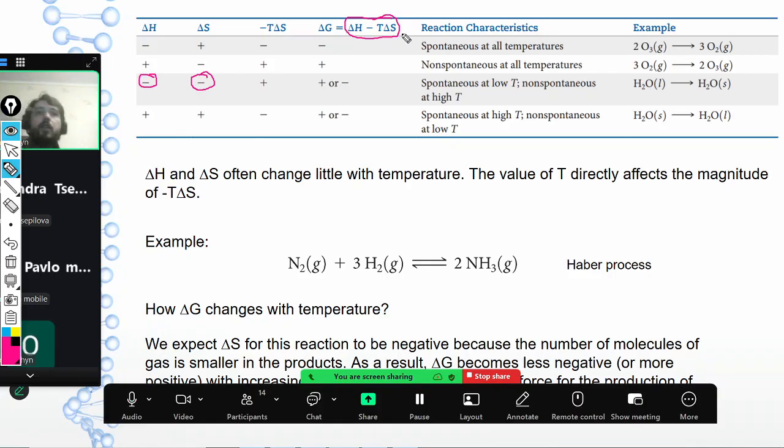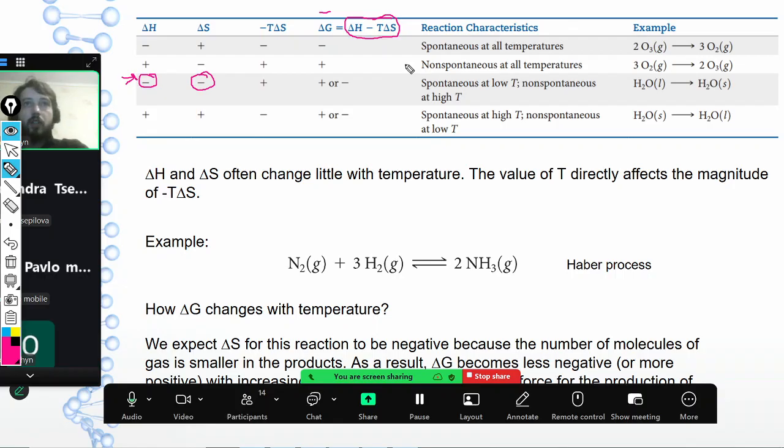And now here is a tricky question for you. Suppose at some temperature, let's say room temperature, delta H dominated. So I had a minus sign. So delta G was minus at room temperature for these cases. What does it mean?